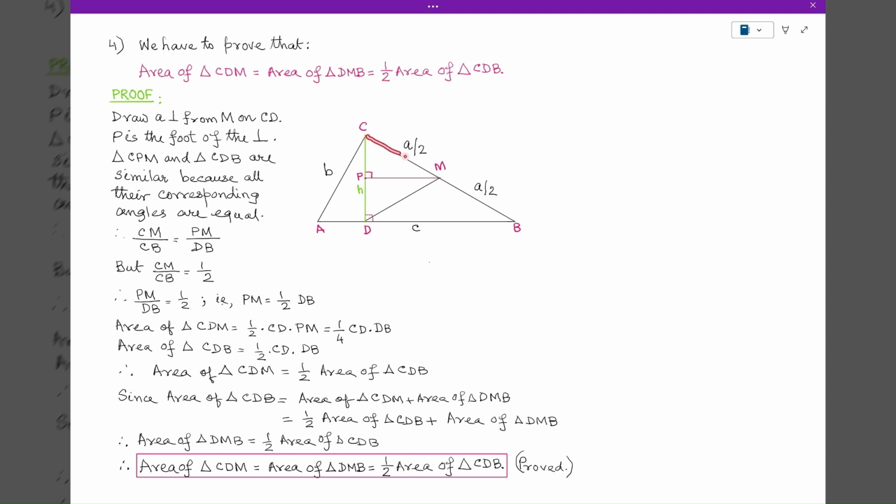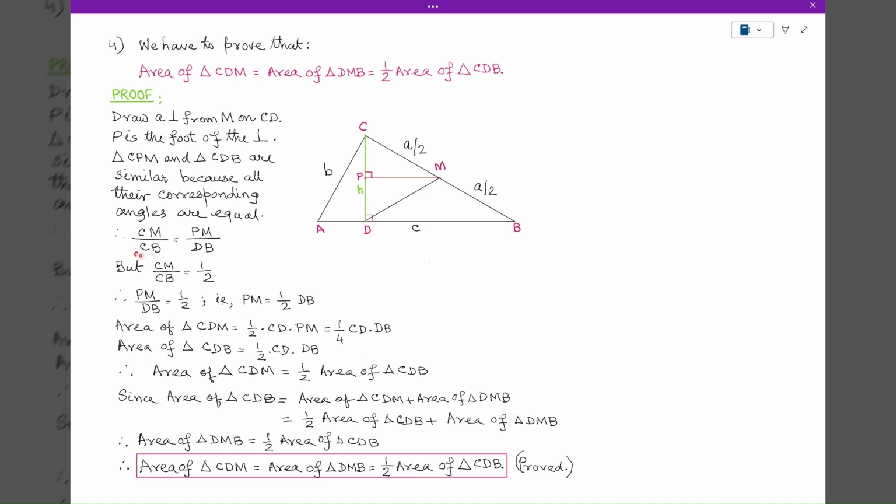This is the side of the smaller triangle, and this is the corresponding side of the bigger triangle. The ratio of these two is equal to another side of the smaller triangle divided by the corresponding side of the bigger triangle.